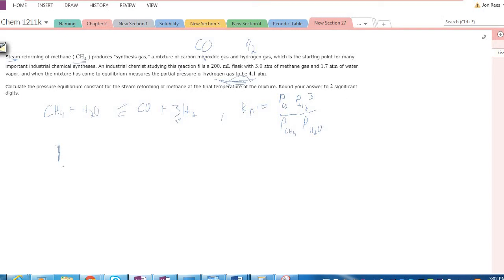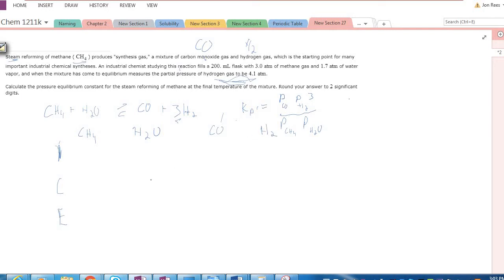Okay, so there's some nice things here. We can build ourselves an ICE table that will be helpful to us. So we have initial, change, and then an equilibrium concentration. And I put my reactants first, CH4, move over a little bit, H2O, move over a little bit, put CO, and finally move over a little bit, H2.